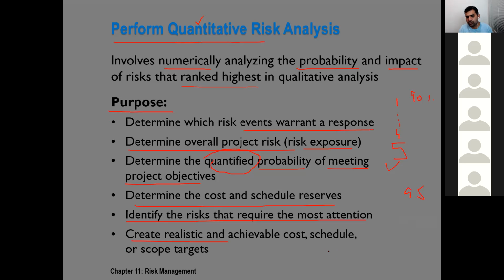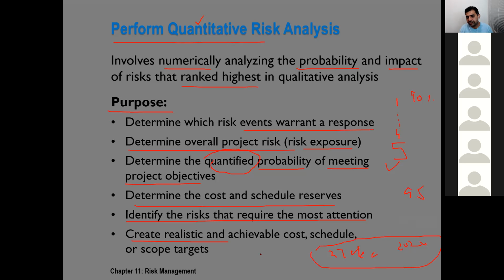In fact, it helps us to tell, okay, if we want to complete our project on 27th of December 2020, okay, that's our aim. How much are the chances based on the activities, based on the risks, based on the estimations, based on the uncertain event, how much are the chances or probability that we will be able to complete on 27th of December?